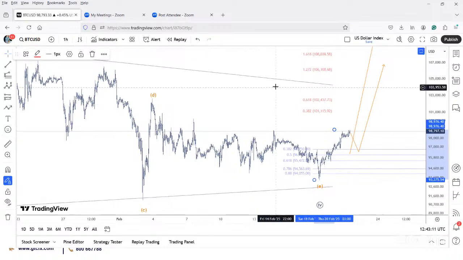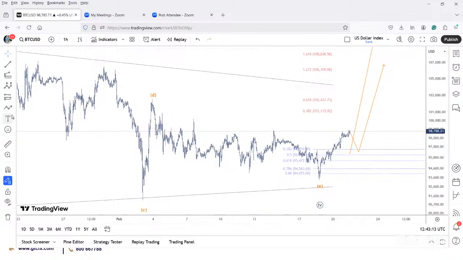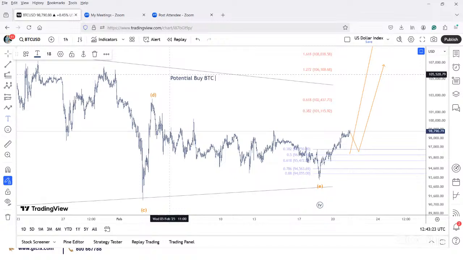108 on the upside. All right, so the fifth potential trade setup is in Bitcoin. It's a limit order around the range 95,500 and 96,900.